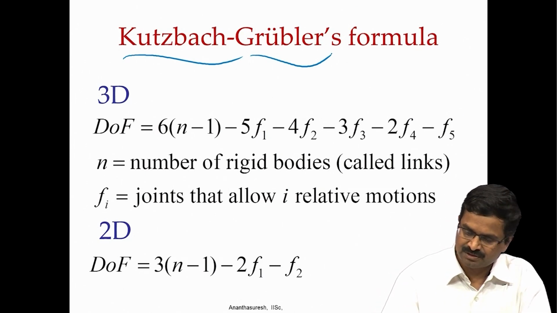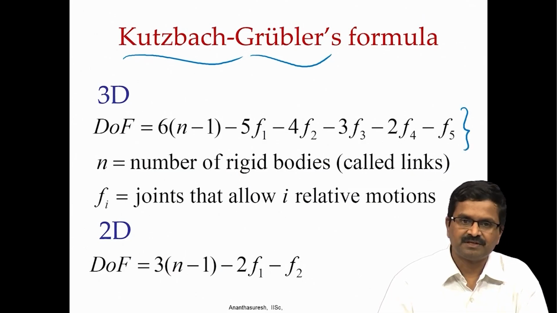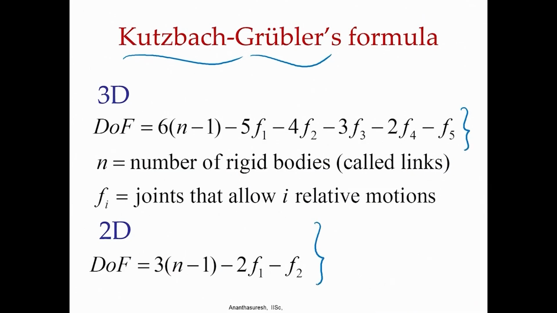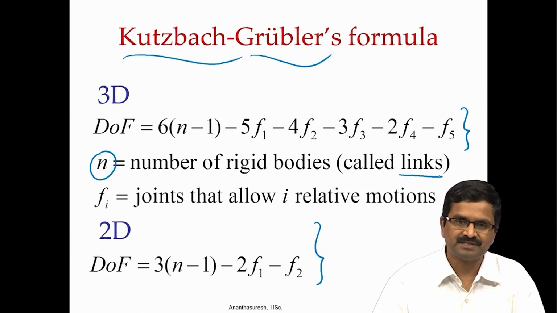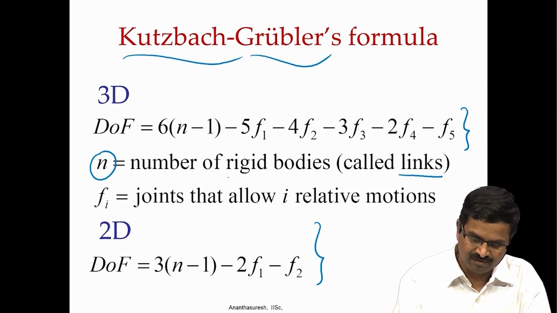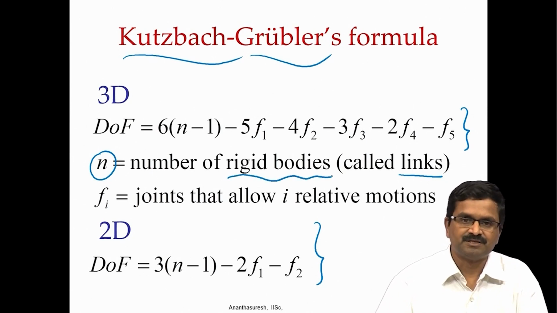Those formulas are shown for the general case for 3D as well as for 2D here. Here n is the number of rigid bodies, and it is a misnomer that we always use the word links. Link normally means in plain language something that connects 2 things, but here we say it connects 2 joints. So, it is a kind of misnomer, but people normally use links when we should actually mean rigid bodies.